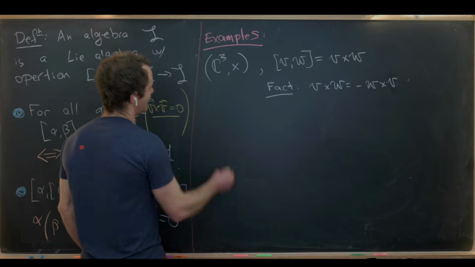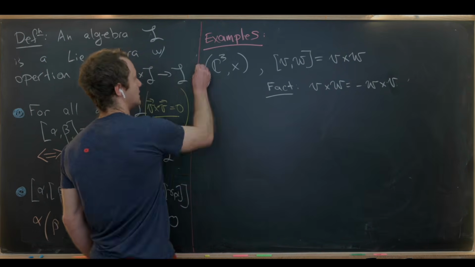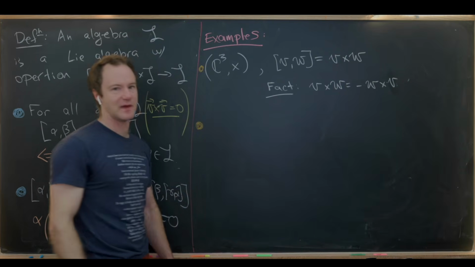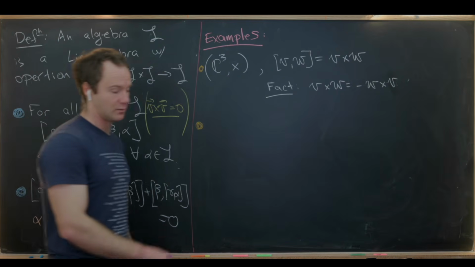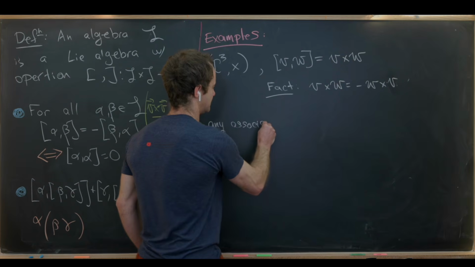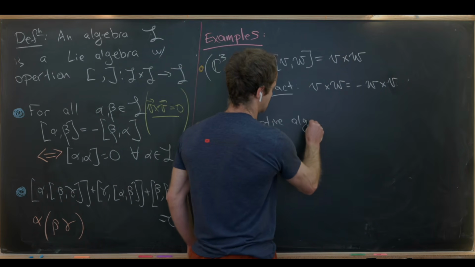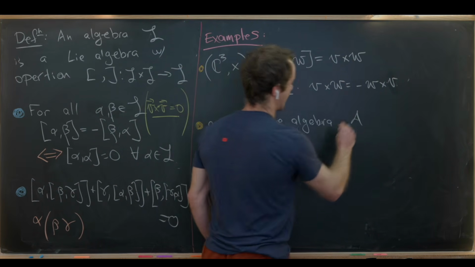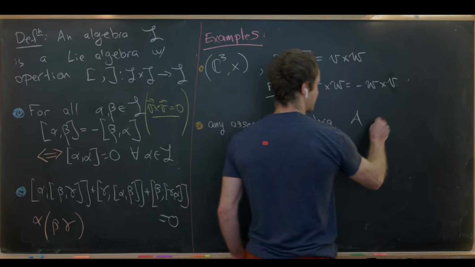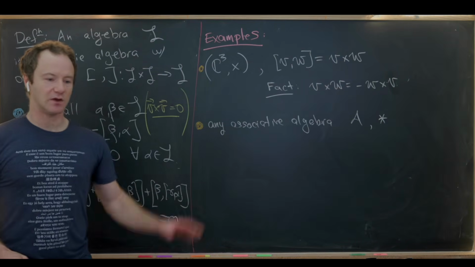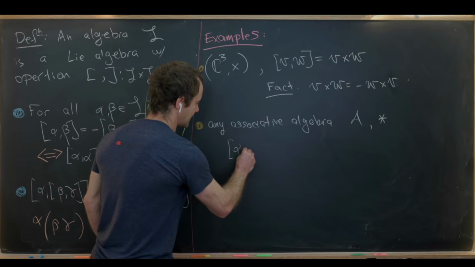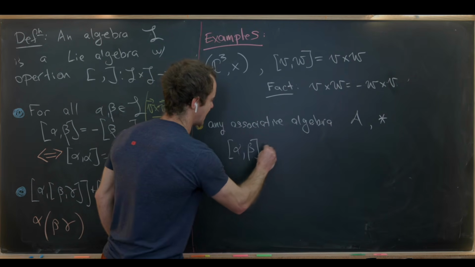Okay, and then it would be a little problematic if we didn't give maybe the most universal way to find one. And that would be, we take any associative algebra. Let's call that A. And let's say that A has operation star, and we endow it with a new operation, and that operation is bracket, and it does exactly what you think it should.